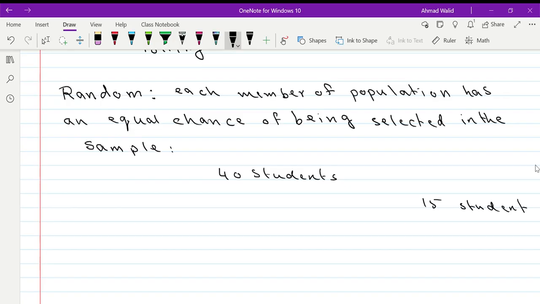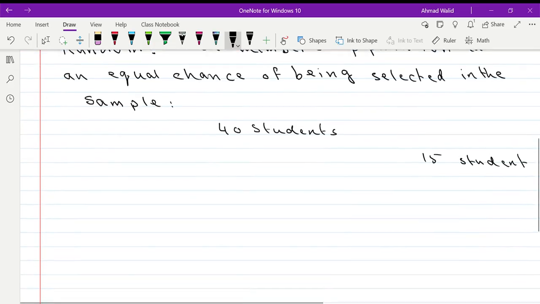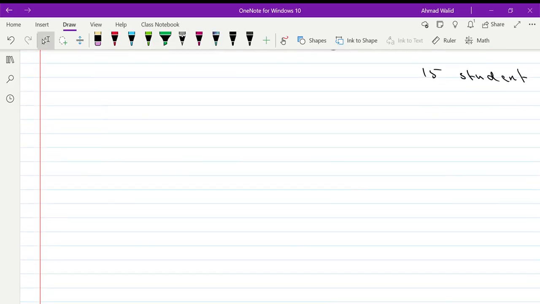Now, there are ways that you can select your sample randomly. The first one, we call it simple random sample. What is a simple random sample?